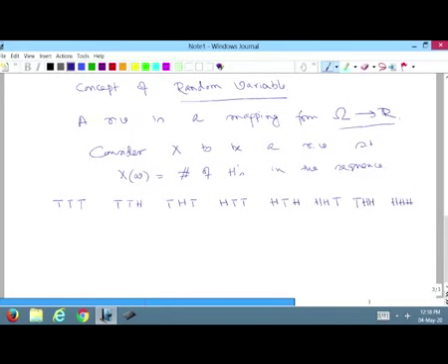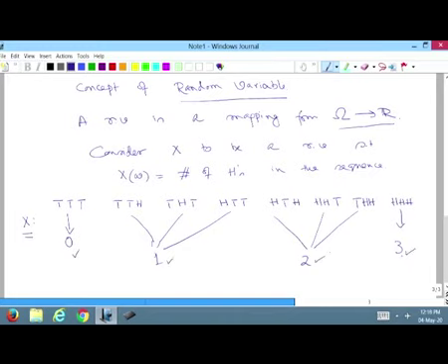Therefore, if we apply X, then what do we get? There are 0 heads in this. These 3 lead to 1. These 3 lead to 2, and this leads to 3. Therefore, the random variable X takes values 0, 1, 2 or 3.